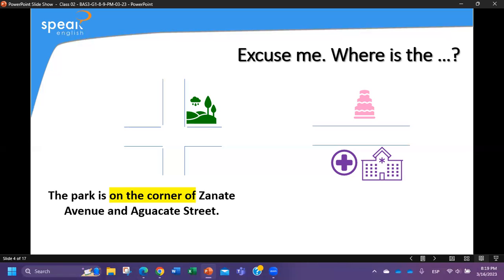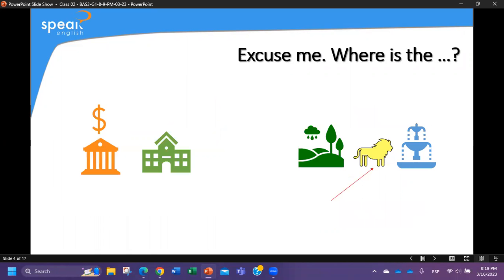Across from the hospital. Okay, excellent. Across from the hospital. Very nice. So as you can see, yesterday we were checking how do I get to? But also I can ask the question, where is the bakery? Where is the hospital? Where is the park? Okay, we can be changing different places.